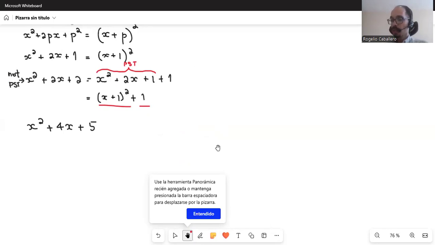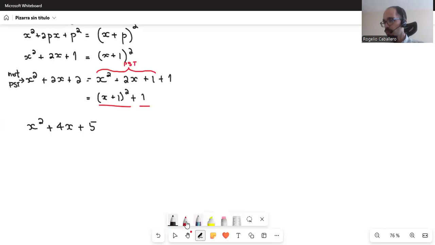Since we want to bring this into a form that is as close as possible to a PST, let's write over here a PST, which is going to be our model. So let's write x squared plus 2px plus p squared.